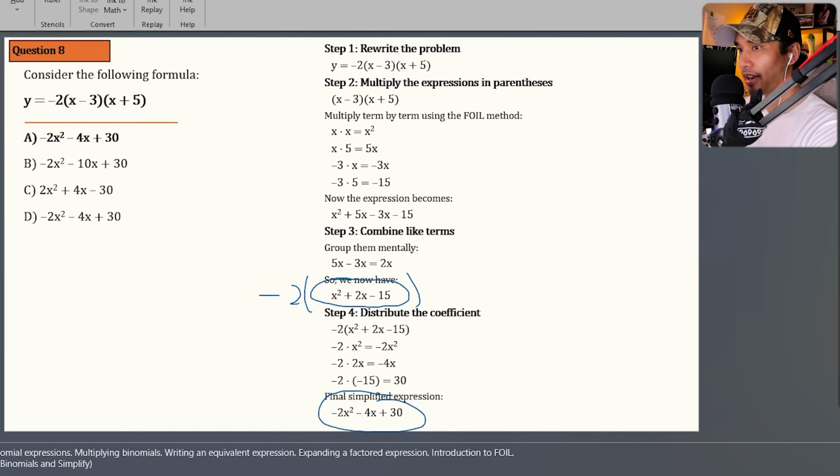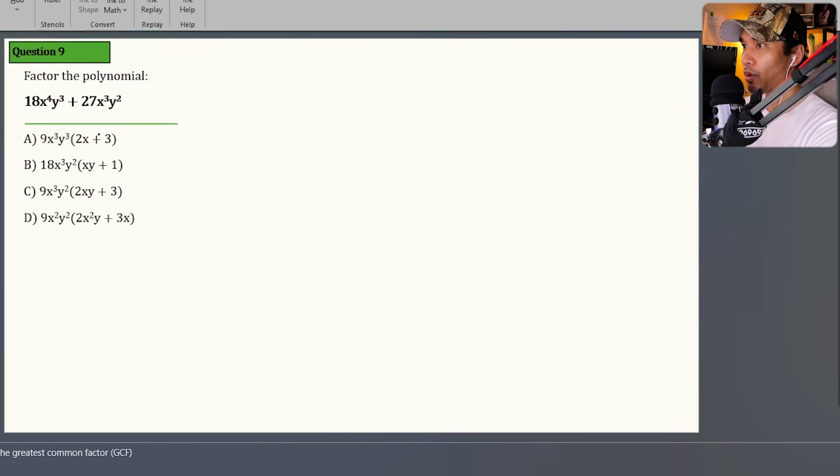Okay, so let's go ahead and move on to the next question, which is question number 9, which is factor the polynomial. And factoring the polynomial seems hard. Okay, this one was a hard concept for me to grasp, and I will break it down to you Barney style.